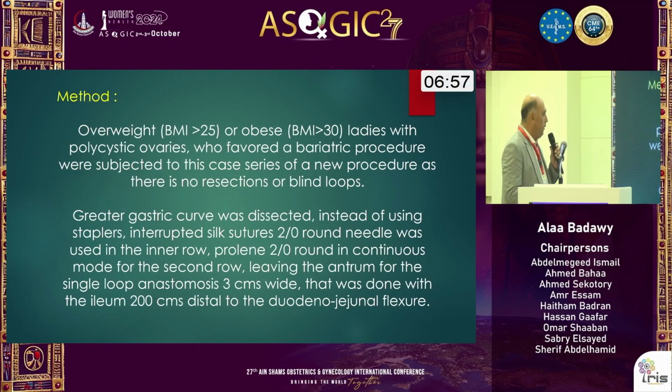Overweight patients with BMI of 25 or obese above 30, ladies with polycystic ovary who favored a bariatric procedure, were subjected to this case series of a new procedure, as there is no resection or blind loops.